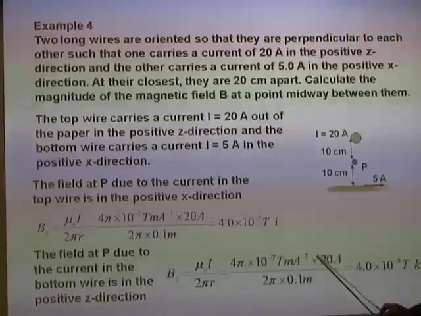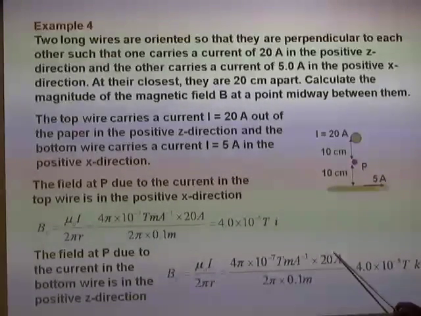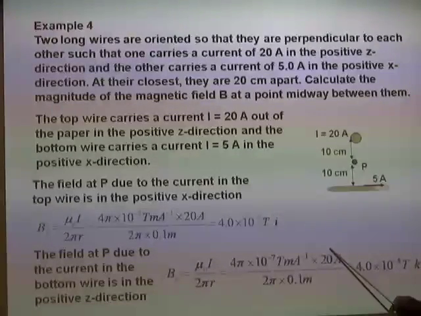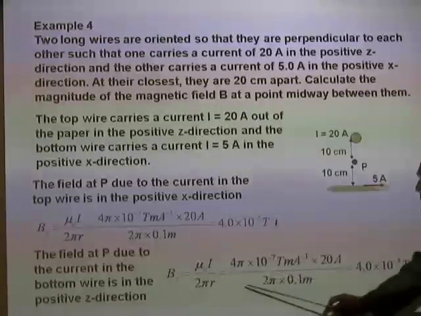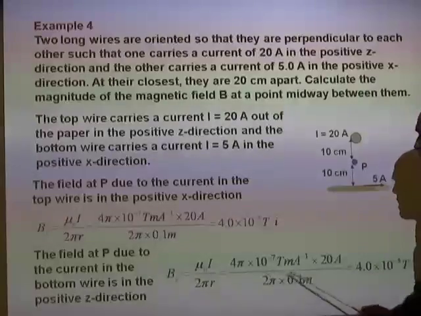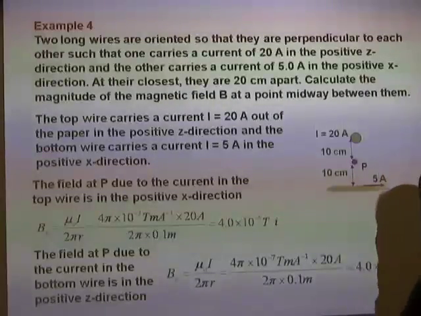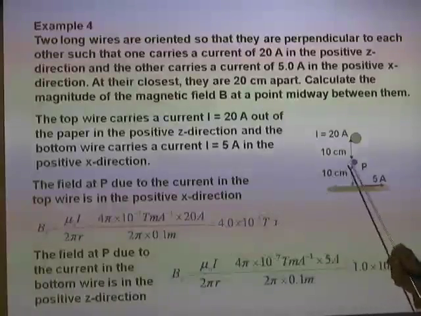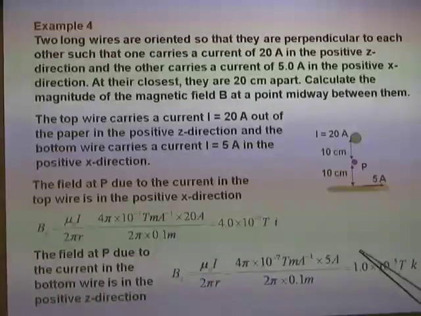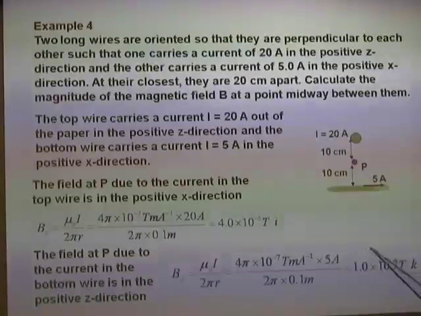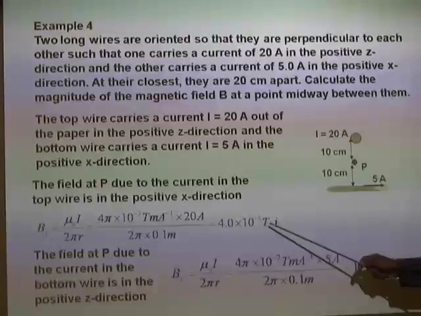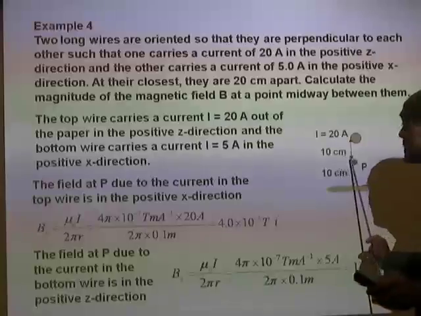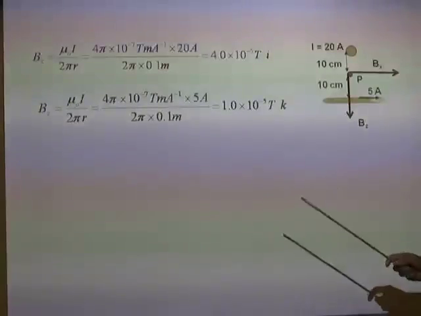You need to correct that: the bottom wire carries a current of 5 ampere and the distance r is 0.1 meter. So the field at P due to the bottom wire is 1 times 10 to the negative 5, a quarter of that. And therefore, what is the resultant field at P due to both?